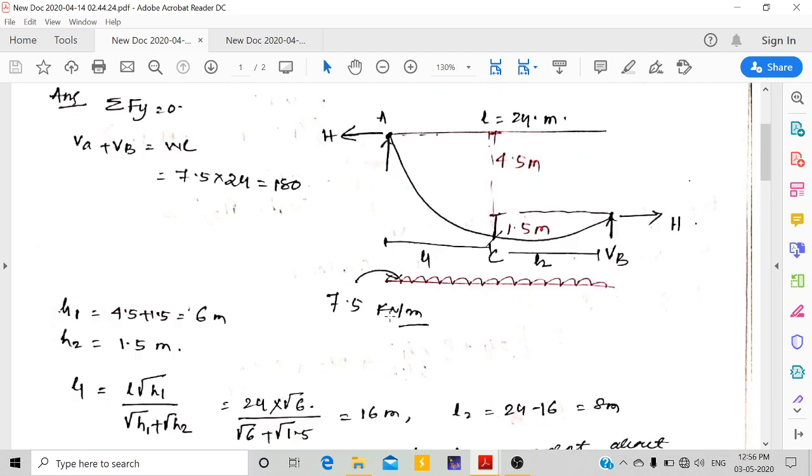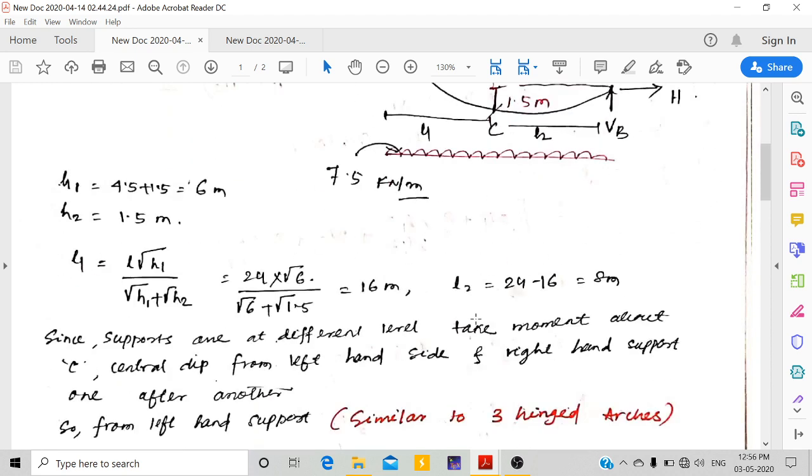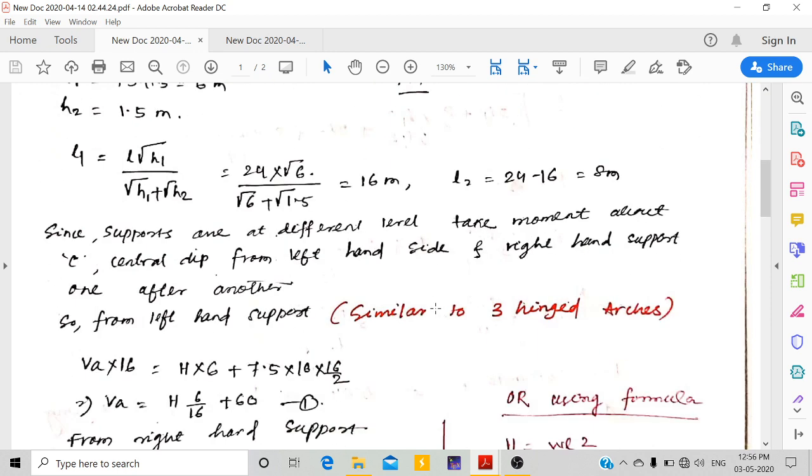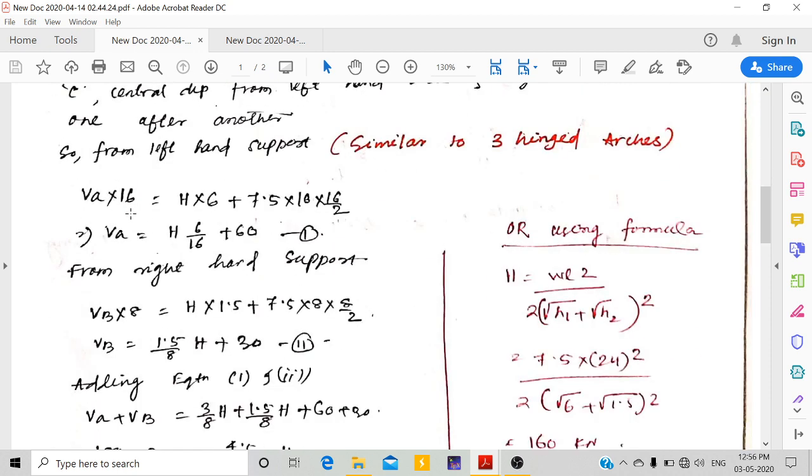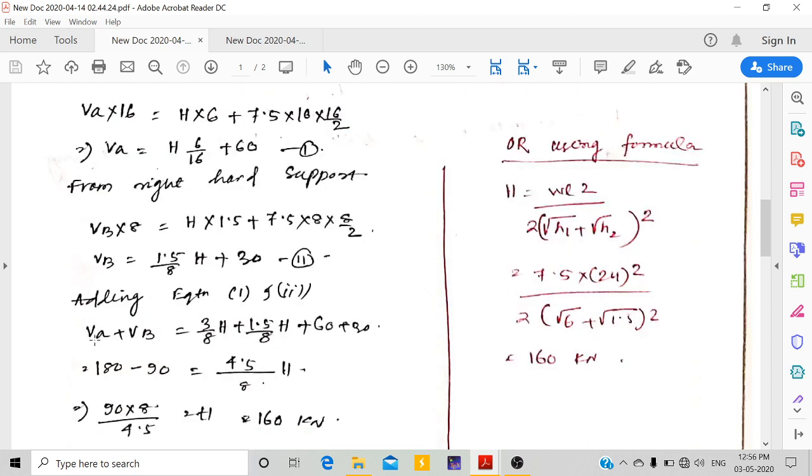Next, when I calculate from the right hand side, this Vb is anticlockwise, H is clockwise, and this UDL will be clockwise. So anticlockwise equal to clockwise. So H into 1.5, Vb into 8, and UDL is 7.5 into 8 into 8 by 2, right? So I get equations 1 and 2. When I am adding equations 1 and 2, I am getting a third equation, that is Va plus Vb is equal to this one.